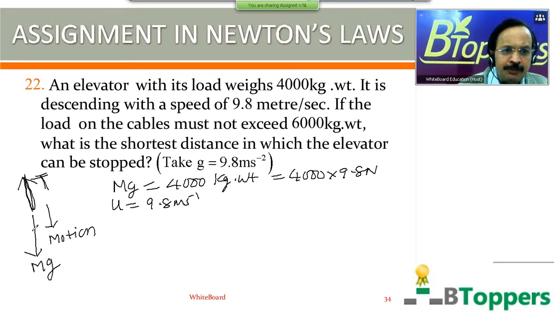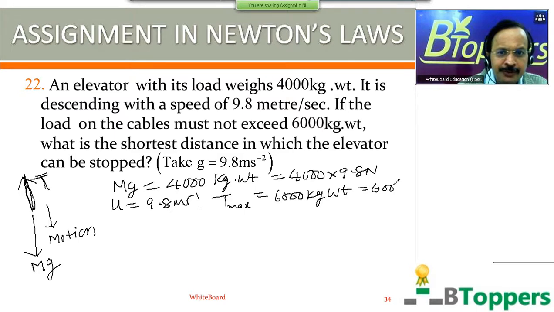So the elevator can be stopped in the minimum possible distance when the tension in the cable reaches the maximum possible value. The maximum tension the cables can withstand is 6,000 kg weight, or 6,000 into 9.8 newtons.